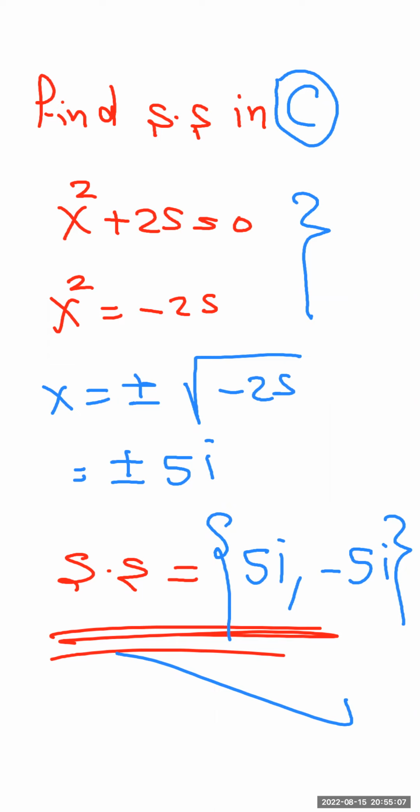So let's check some points. Actually, it's very important to understand the concept of the imaginary number. In the beginning, we said that i squared equals -1. Then what about i cubed? What do you think about i cubed? i cubed means i squared times i, right?